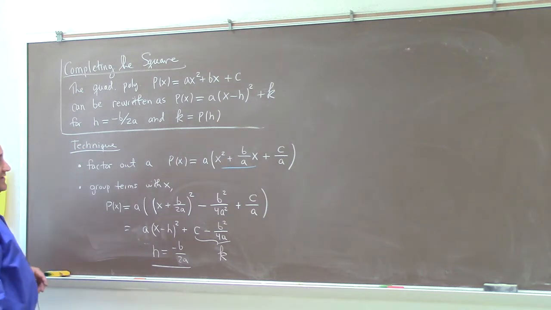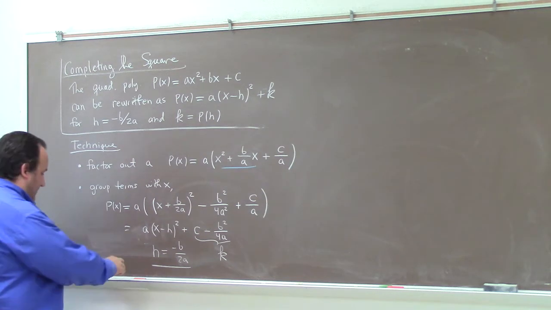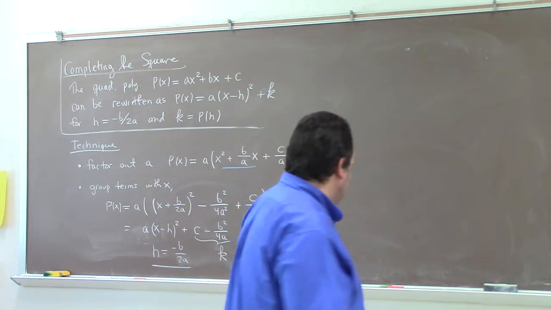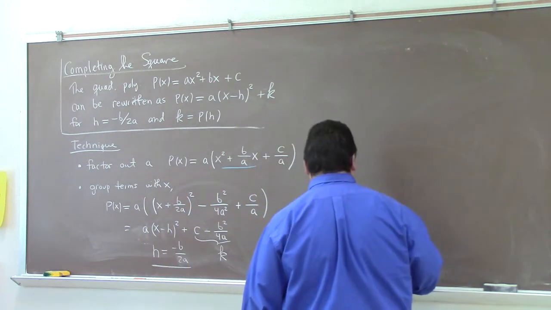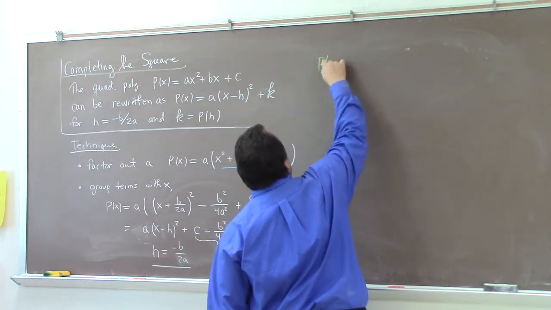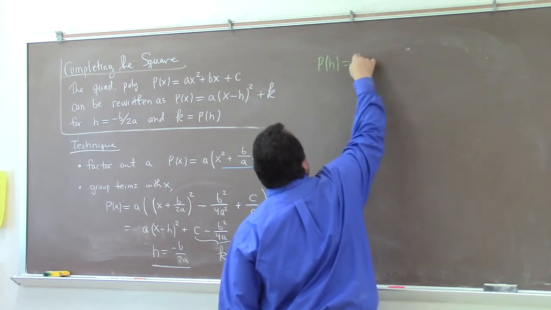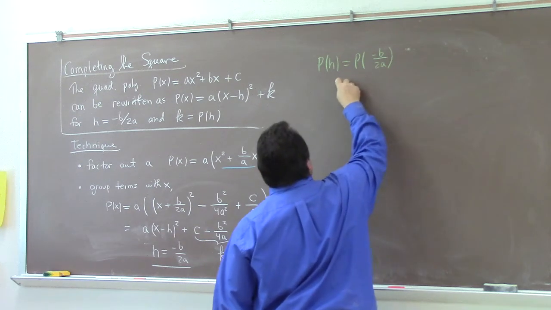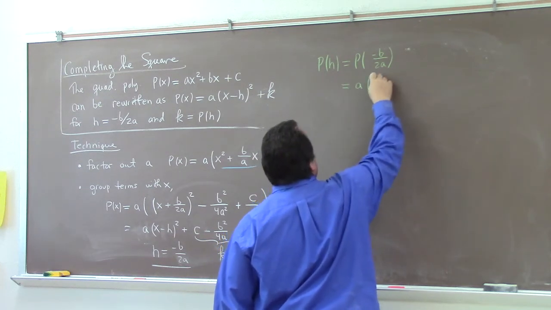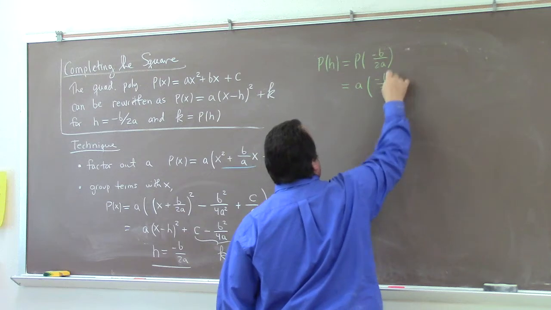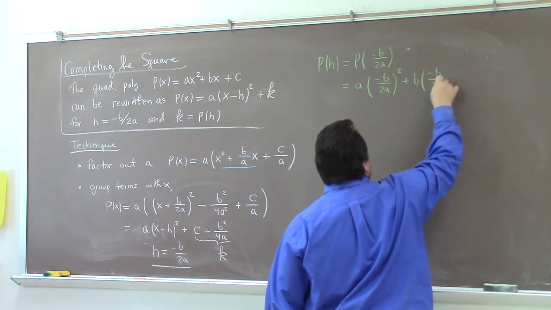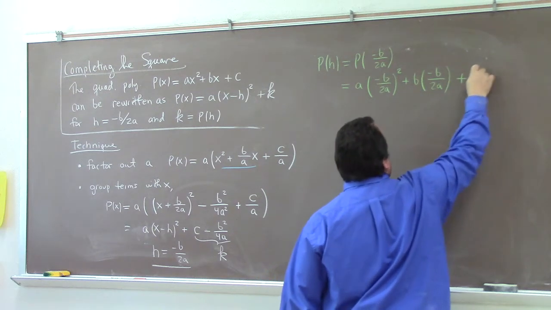Now I said that k was equal to p of h. To be complete in my argument here, I should calculate what p of h is equal to. In other words, p of minus b over 2a. So that's going to be a times minus b over 2a squared, plus b times minus b over 2a, plus c.